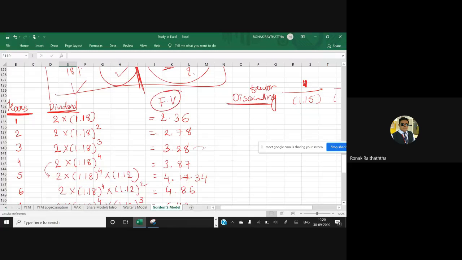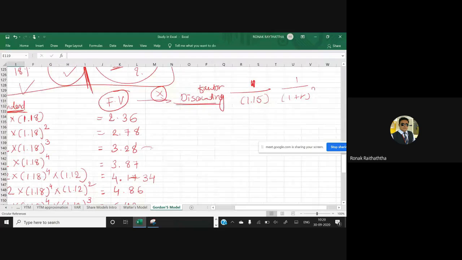You multiply the future value with discounting factor, so the last column will be of the present value. So here I'll be having the present value. So find the discounting factors here and find the present value over here. How will you be able to find the present value? Future value multiplied by discounting factor. So you get the present value.